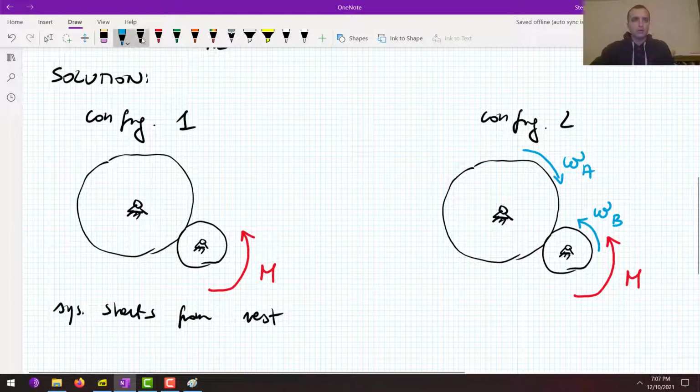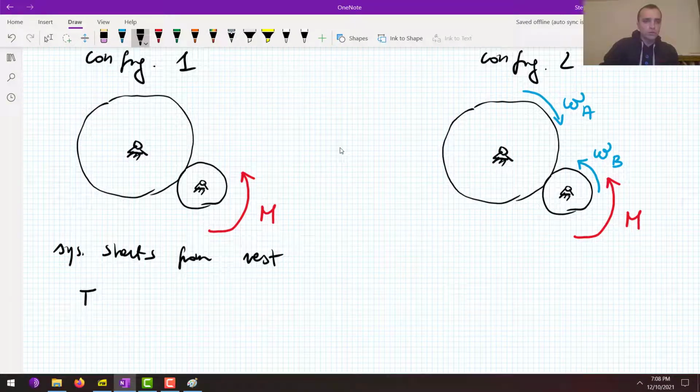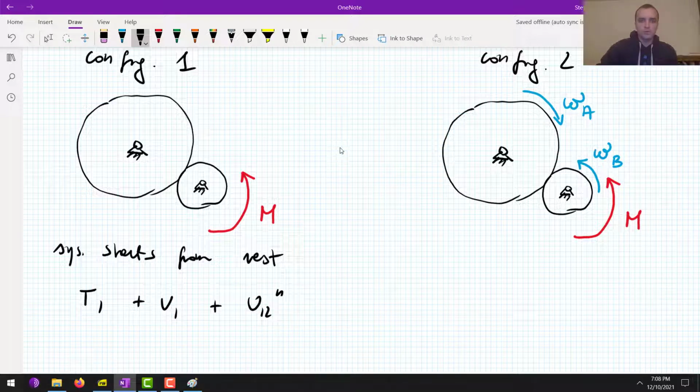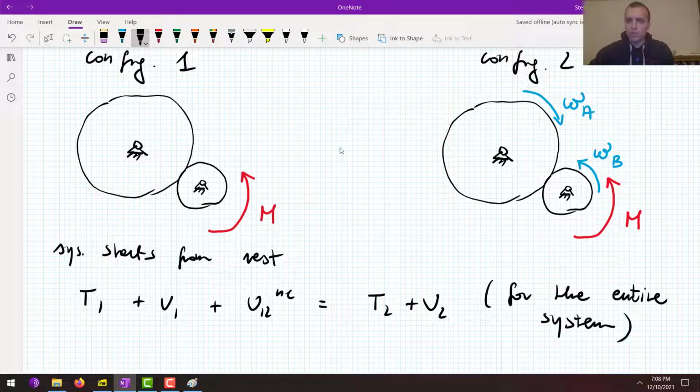Okay, so now let's write our equation. T1 plus V1 plus u-12 non-conservative is equal to T2 plus V2, but with one caveat: this is the equation for the entire system. I am not looking at each body separately.